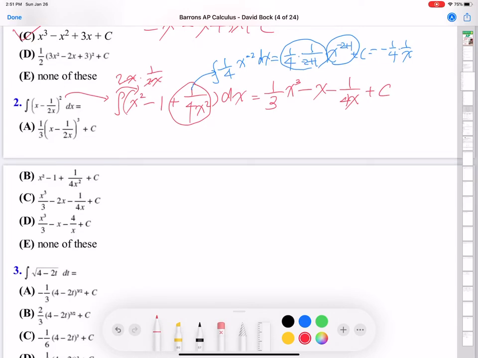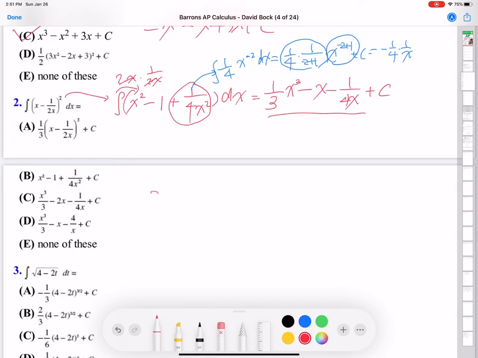Okay, x cubed over 3 minus x, and then negative 1 over 4x. I cannot find this answer here, right?